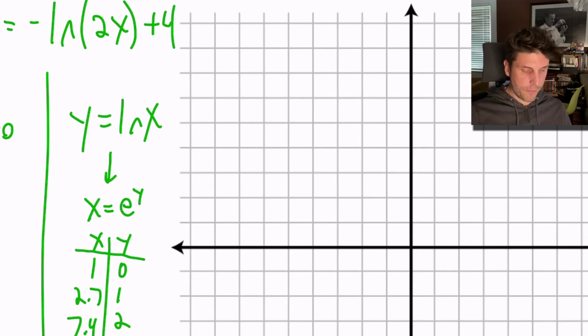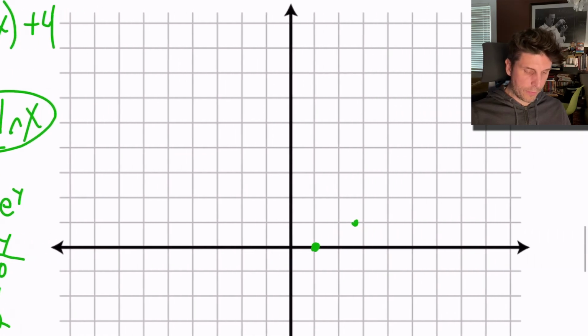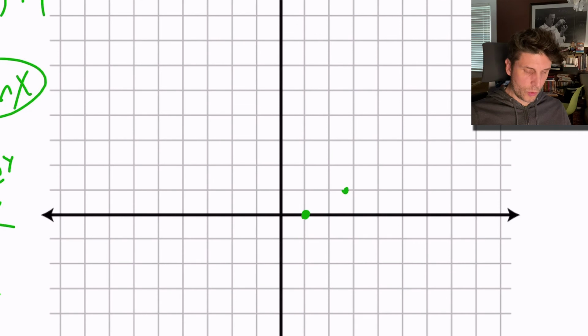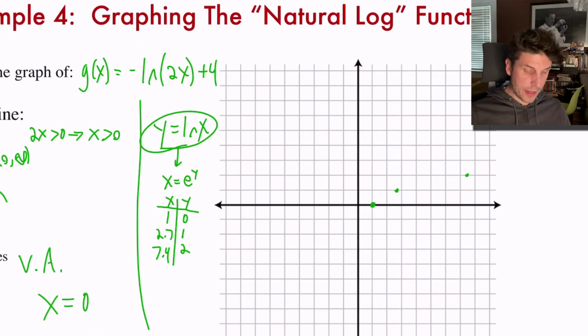So that means for ln x, if I plug in 1, I get back 0. If I plug in 2.7, I get back 1, and 7.4, I'm up at 2. All right, so that's the parent function.